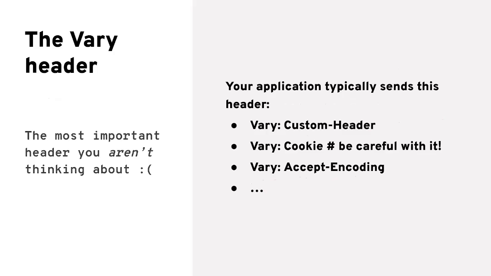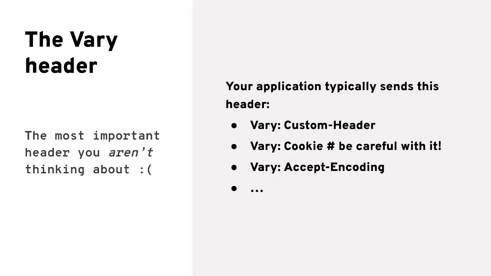Vary Accept-Encoding is something that you would typically see, because it's what your browser supports. So it makes sense that your website can be served differently depending on that header. But again, you can set anything you want.